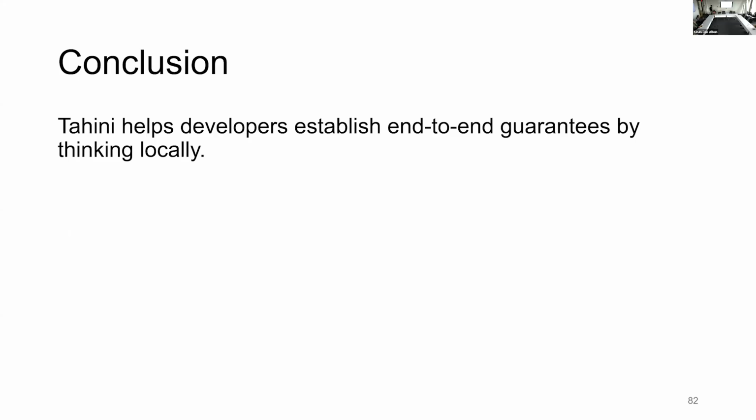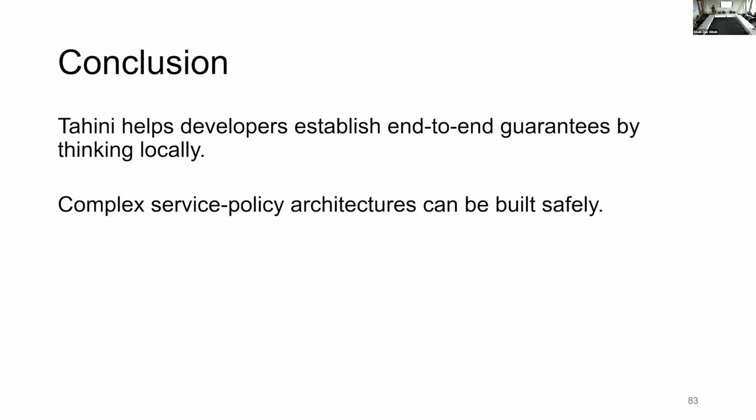In conclusion, Tahini helps developers extend their properties. They think locally about how their service can enforce some properties, and we have automatic extension of those properties in the distributed applications. If the need arises, Tahini allows for flexible service policy configurations and architectures without breaking the properties.